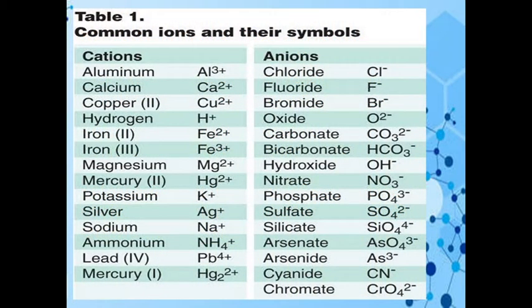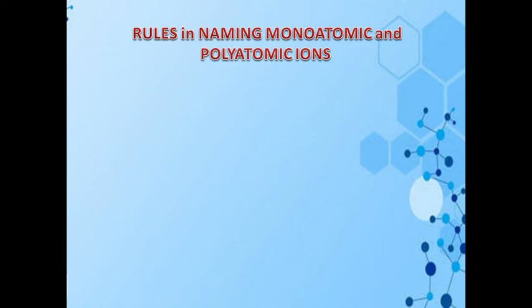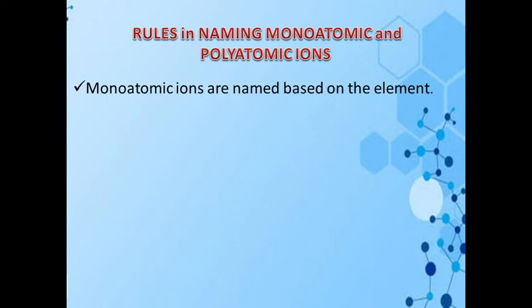Here are the tables of some common ions and their symbols. We have cations, which have positive charge, and anions with negative charge. How can we name each of the different compounds? What are the rules in naming compounds? In this part, we need to know the rules in naming the monoatomic and polyatomic ions.